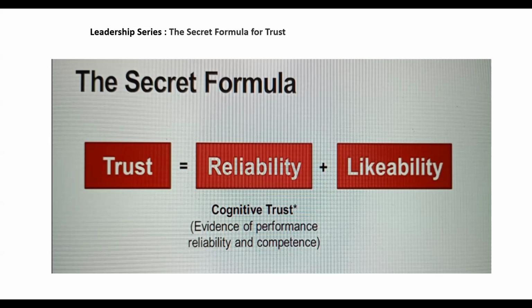Repeat exposure through communication among your teams will eventually lead to an increase in liking. So stay in touch at least once every day with your team members, even if it is not absolutely essential. And again, this goes back to the whole mega communication concept.